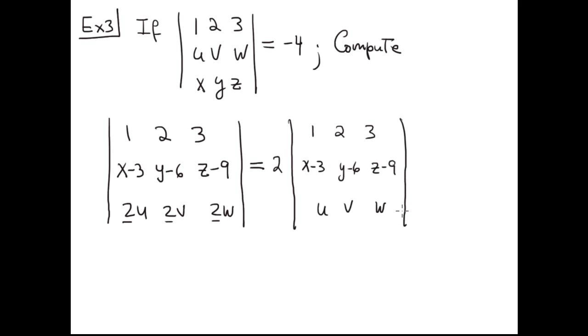Now, I don't like this negative 3, negative 6, and negative 9, so I apply a row operation. For example, I propose you multiply row 1 by 3, and you add it with row 2, and you store it in row 2. Okay, let's do it. Don't forget this 2.